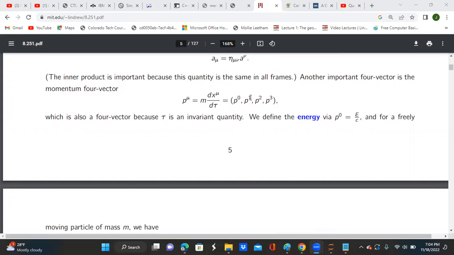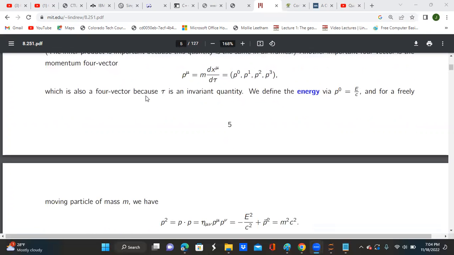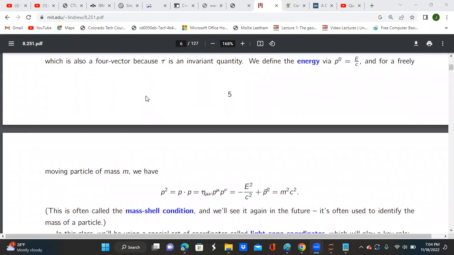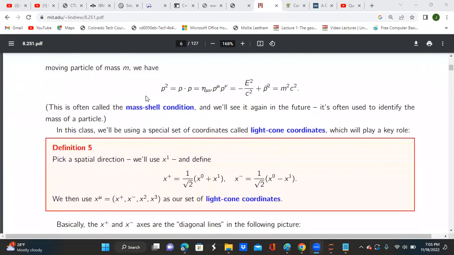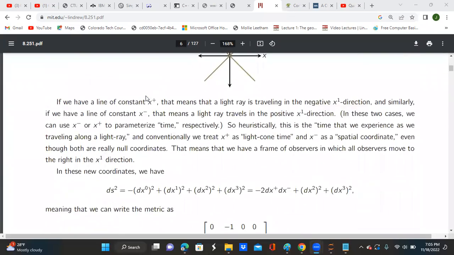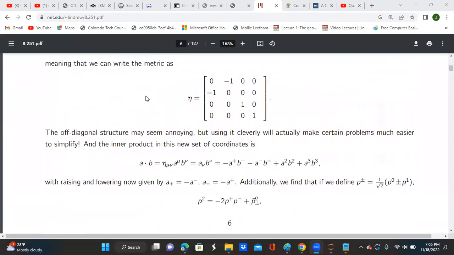Another important four-vector is the momentum four-vector. Now, I'm going to stop here. This is just setting up. This is getting people familiarized with standard notation.